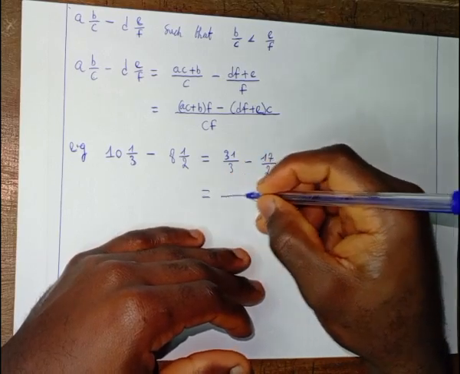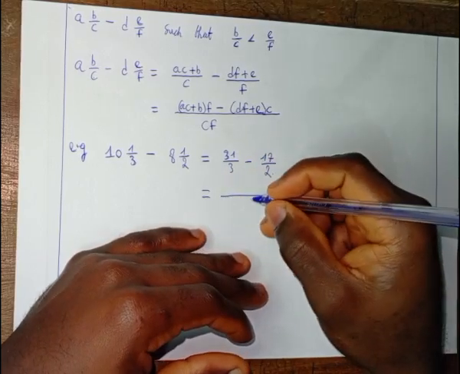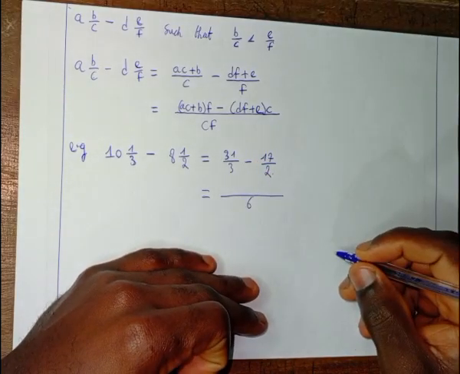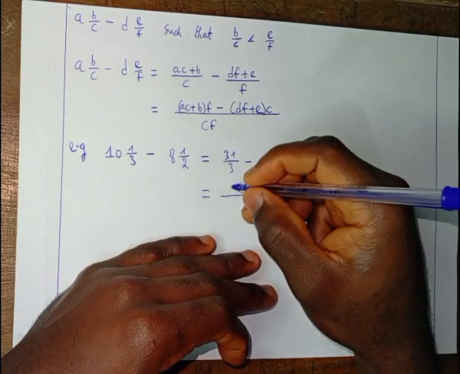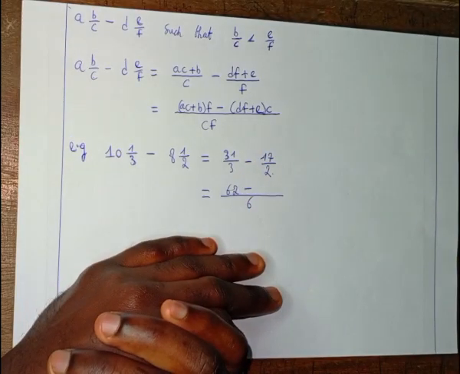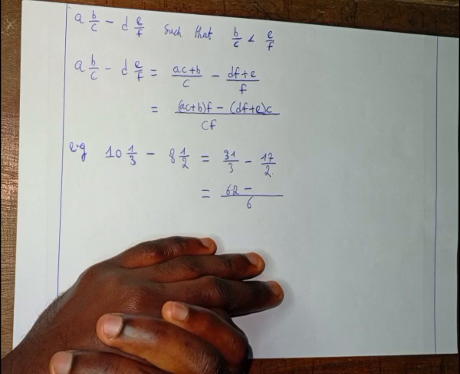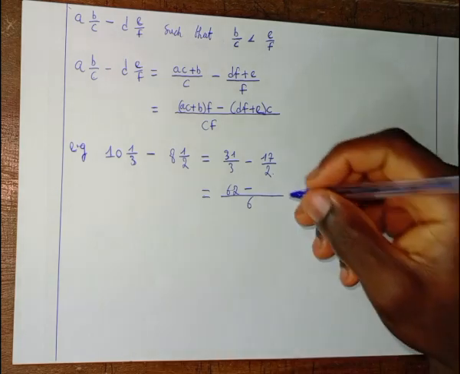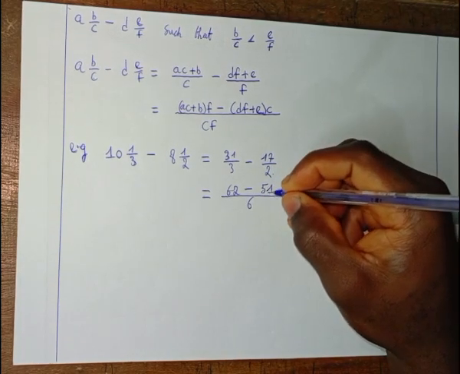Next, we have to find the LCM of the denominators. 3 times 2 gives us 6. 6 divided by 3 gives us 2. 2 times 31 gives us 62 minus 6 divided by 2 gives us 3. Next, we have to multiply 17 by 3, which gives us 51.